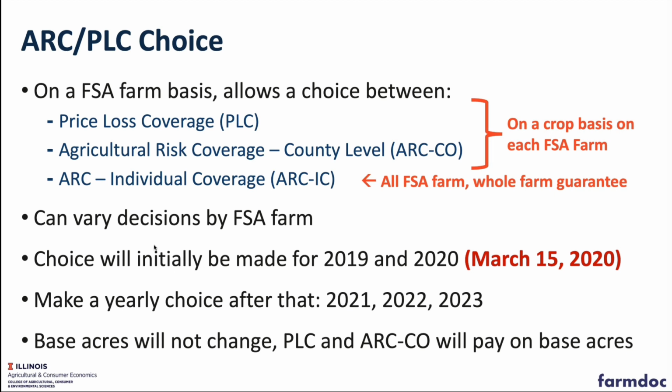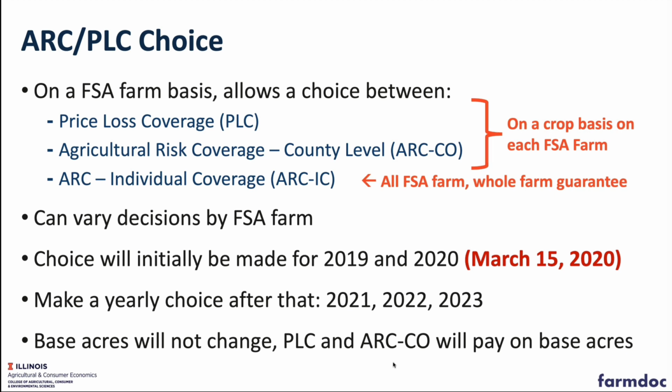And again, you can vary the decisions by FSA farm. And by March 15th, you're going to be making this choice for 2019 and 2020, and then yearly decisions after that. Just one other note, your base acres are not going to change. And PLC and ARC County will pay on base acres, not planted acres, base acres.